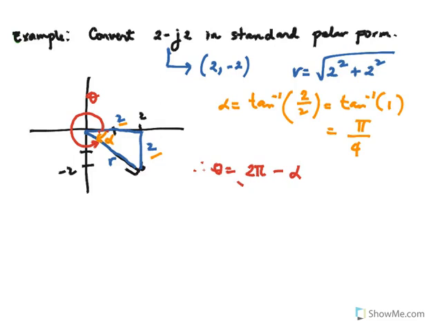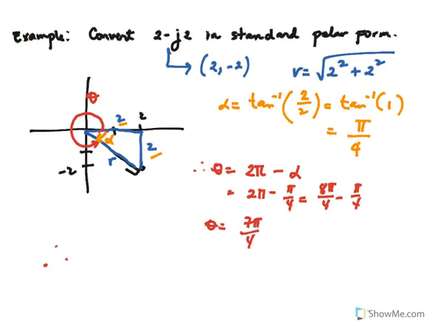So, 2 pi minus alpha, you'll get 2 pi minus pi over 4, or that's simply 8 pi over 4 minus pi over 4. So your theta is 7 pi over 4.